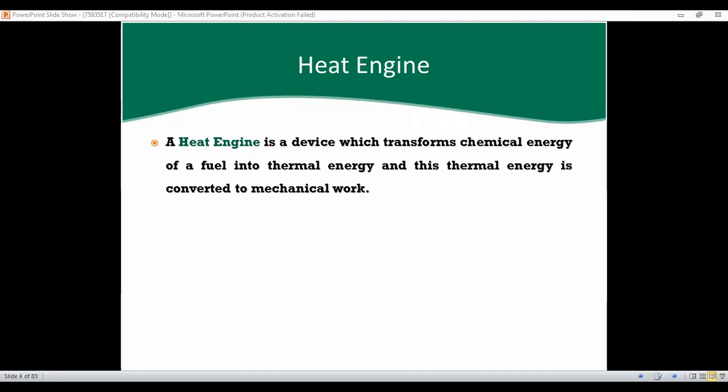Like the IC engine, we can say that this is a heat engine, because the fuel we use, like petrol or diesel, is a type of chemical. We can burn the chemical energy and generate heat, and this heat is converted to mechanical energy.